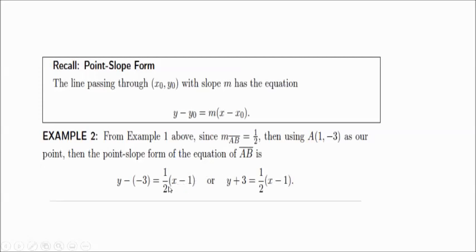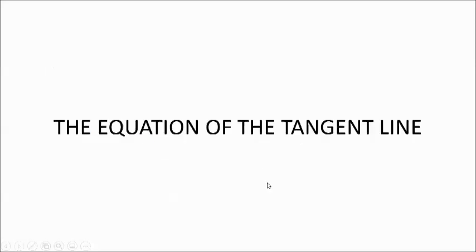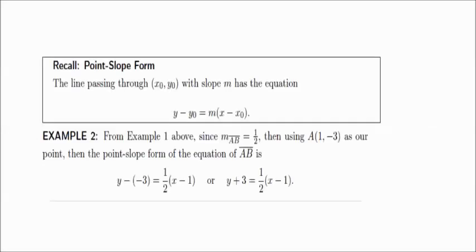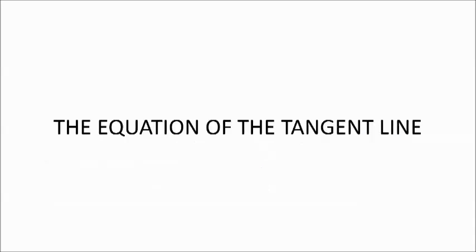Then simplifying, it becomes like this. You can simplify this further, actually. You can make it y is equal to mx plus b form, that is the slope-intercept form. So we have discussed how to get the equation of a particular line.